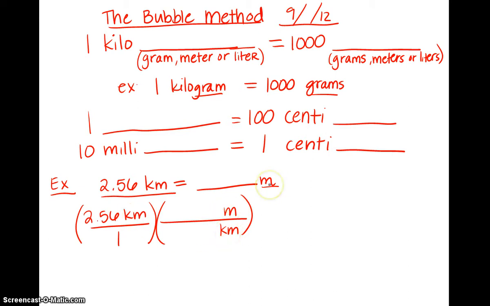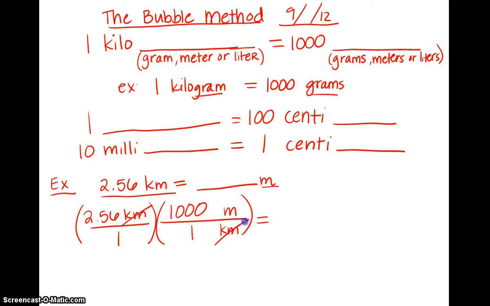And I'm going to be left with meters. So now what I want to do is plug in the numbers that make these equal to each other. So I'm going to look up here and see how 1 kilometer is 1,000 meters. I'm going to put in that information. So make sure when you add bubbles, the top and bottom are equal to each other.